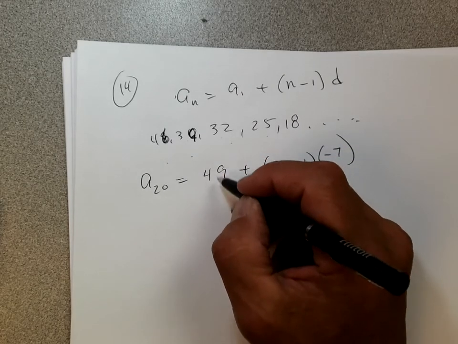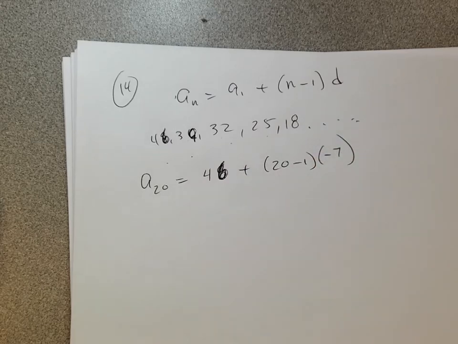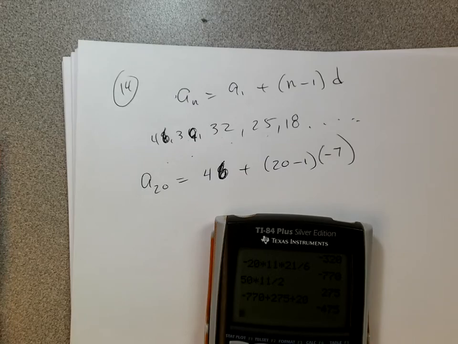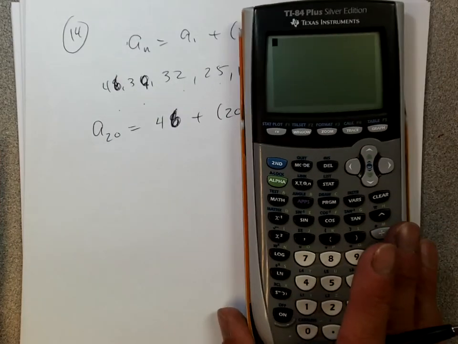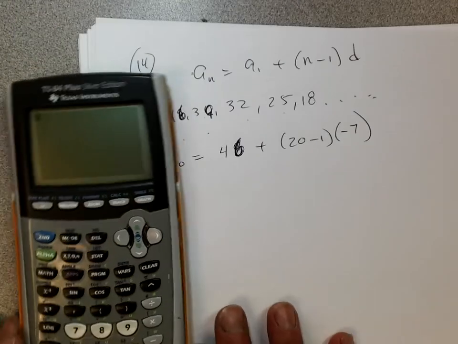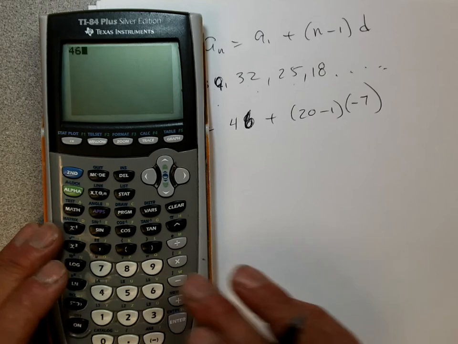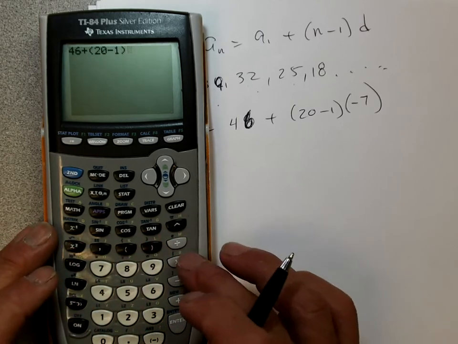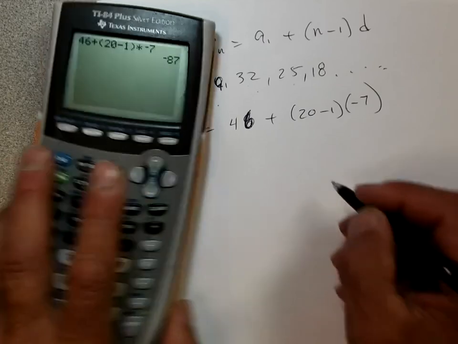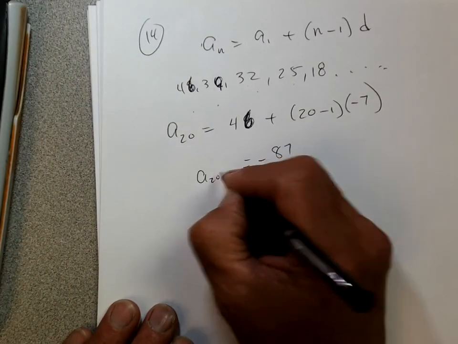Boy, I am making lots of mistakes, aren't I? Come on, calculator, get there so I can see it. 46 plus 20 minus 1 times negative 7. Boom. How about negative 87 for the 20th term, okay?